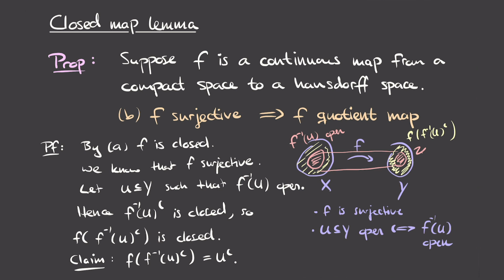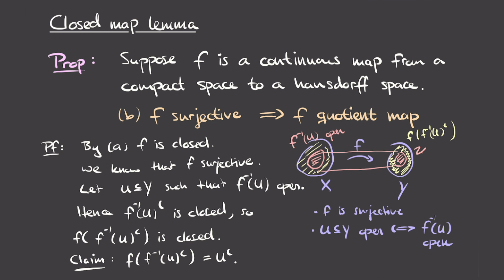First, let's consider the left to right inclusion. Suppose we have some point which lies in this image of the complement of the preimage of U. Now we want to show that it lies in U complement, which is equivalent to showing that it does not lie in U. So suppose we had some point in this yellow set on the left which mapped into U. Well, then by definition it would lie in the preimage of U. And the preimage of U is this red set on the left, and the yellow set is its complement.